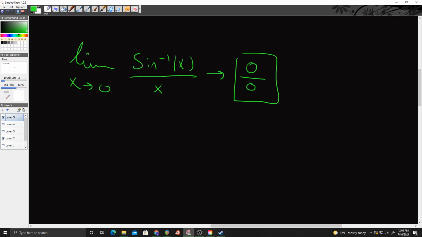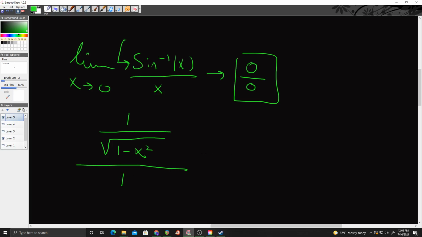So we can immediately use L'Hopital's rule. Take the derivative of the inverse sine. Derivative of inverse sine, of course, is going to be 1 over the square root of 1 minus x squared. That's the derivative of the top. We're going to divide that by the derivative of the bottom. Derivative of x is going to be 1.